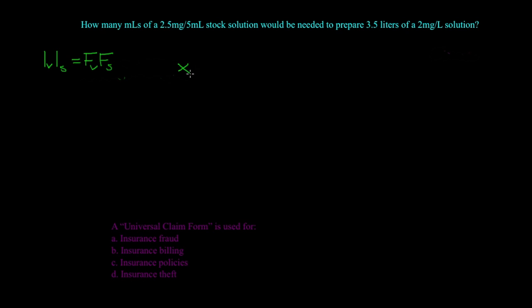So that's going to be our X, and our initial strength is going to be 2.5 milligrams over 0.005 liters. So why do we convert the 5 milliliters to 0.005 liters? Well, if we look at the units over here, that's how that is. So we want to make sure the units are going to be the same.